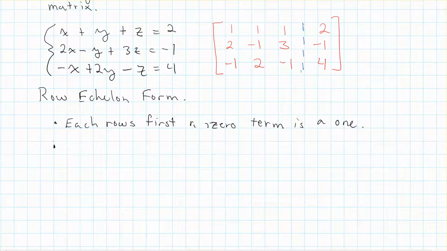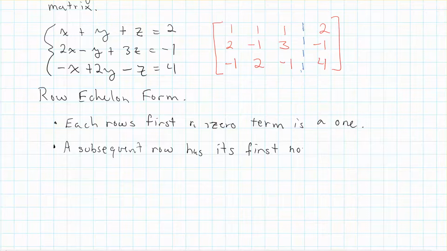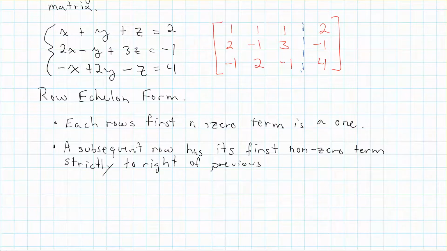Then the other thing here is that a subsequent row has its first non-zero term strictly to the right of the previous row's non-zero term.